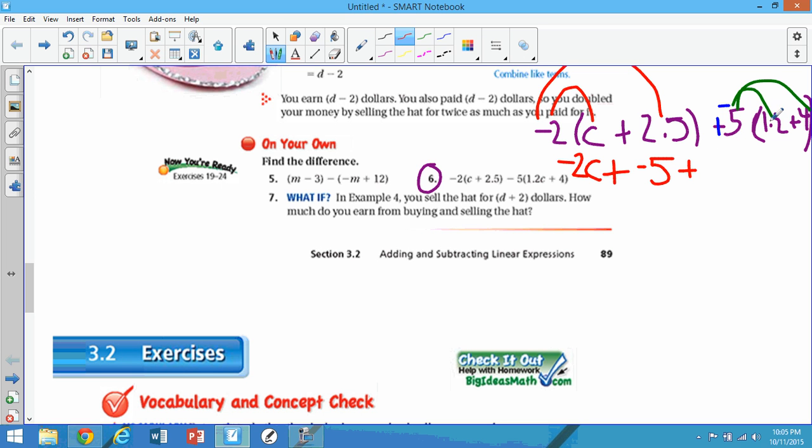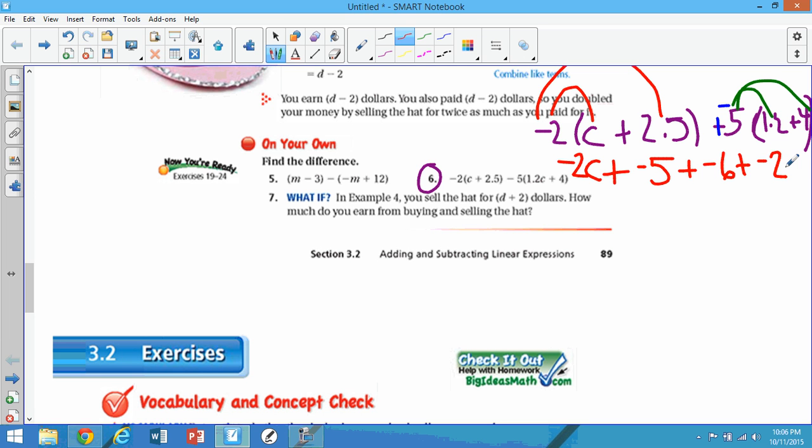So negative 5 times 1.2 is 6, but it's a negative times a positive, so it's going to be a negative 6c, plus, and then a negative 5 times 4 is a negative 20.